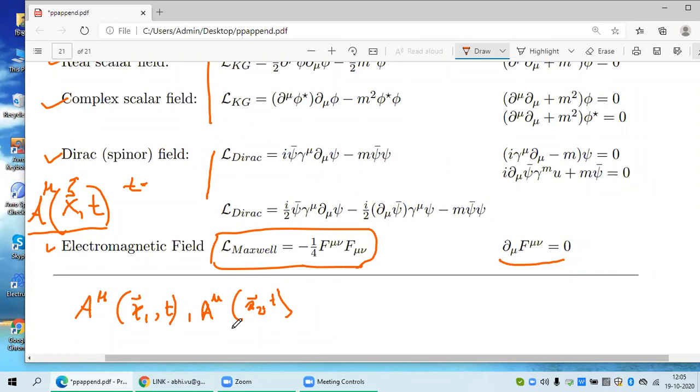Now, your knowledge of A_mu at all points in space at a particular time is an infinite list. That list we don't specify. We give that argument to show that this field has infinite degrees of freedom.